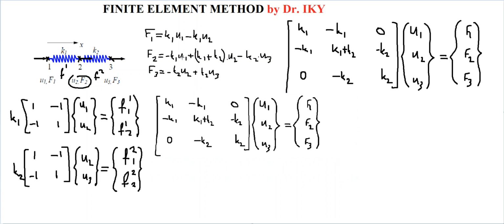Yes, let me change it. Now, if we make it simpler, we will write, instead of those, 0, 0, and 0. But if we write those 0, I will again change here.